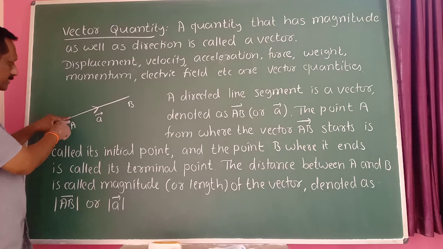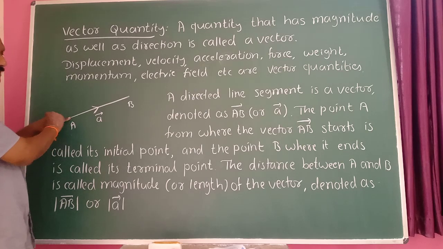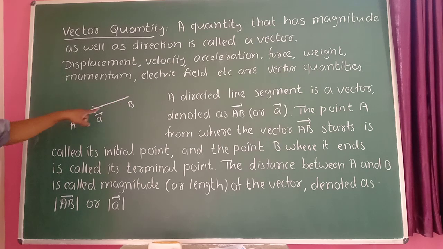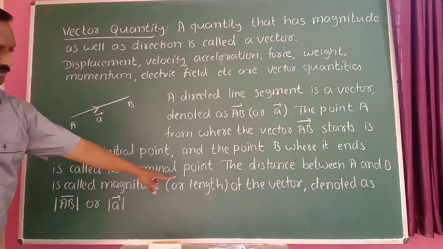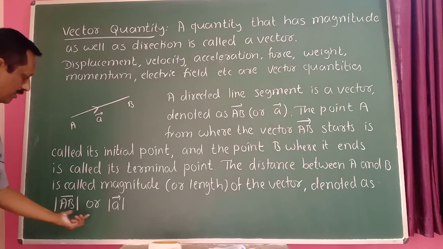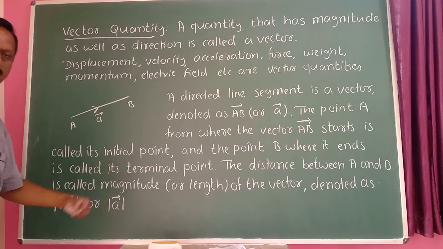This is the starting point, so it is the initial point. B is the end point, called the terminal point. The distance between A and B is called the magnitude or length of the vector, and it is denoted by modulus of AB bar or modulus of a bar.